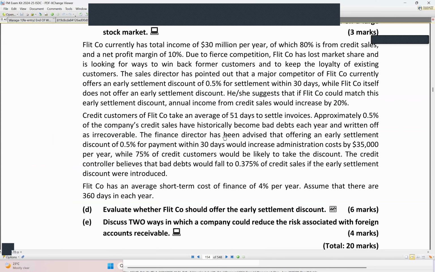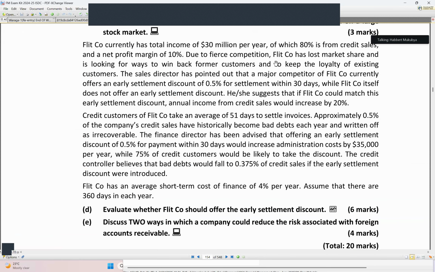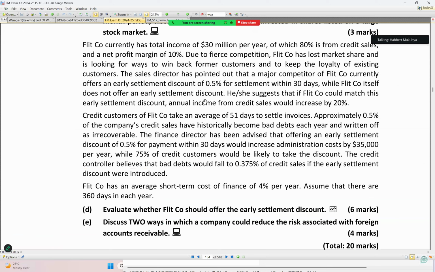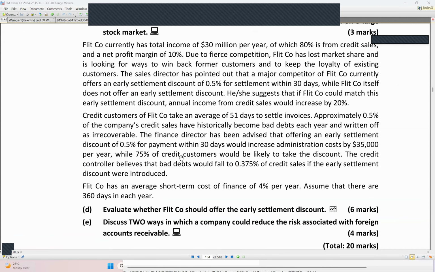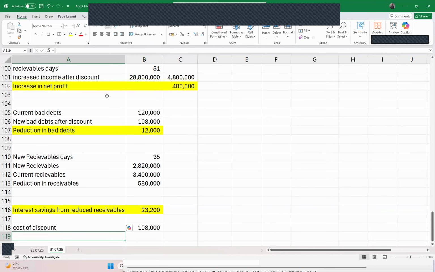You would have got the whole amount of money, 28.8, but you are going to give them a discount of 0.5%, and 75% of it will be taken up. So basically, this one multiplied by 0.5% multiplied by 75%. That is the cost, 108.